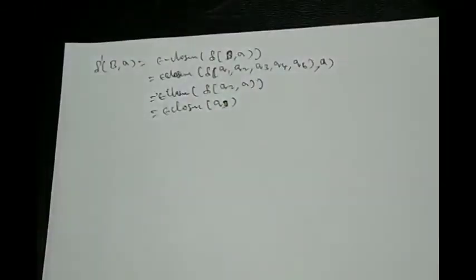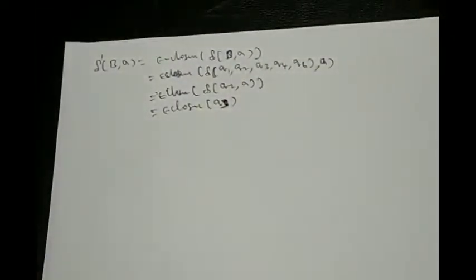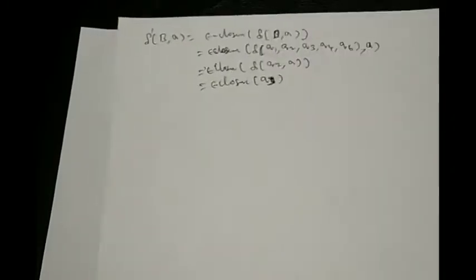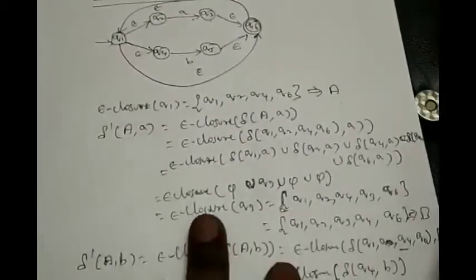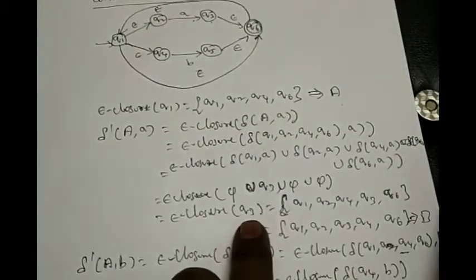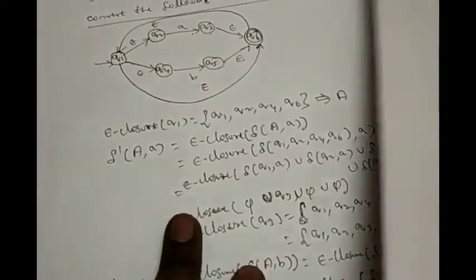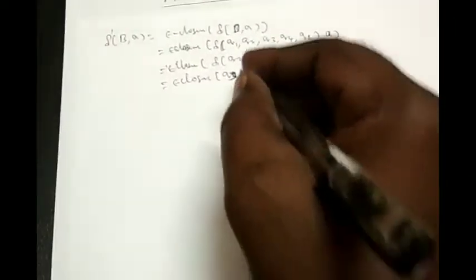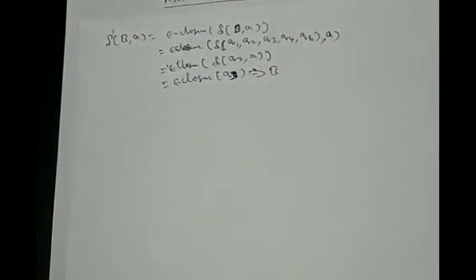Epsilon closure of q3, already there is a diagram here, you get the answer called b. So definitely you would get the same answer here, and a new state is not appearing. So epsilon closure of q3 is b here.